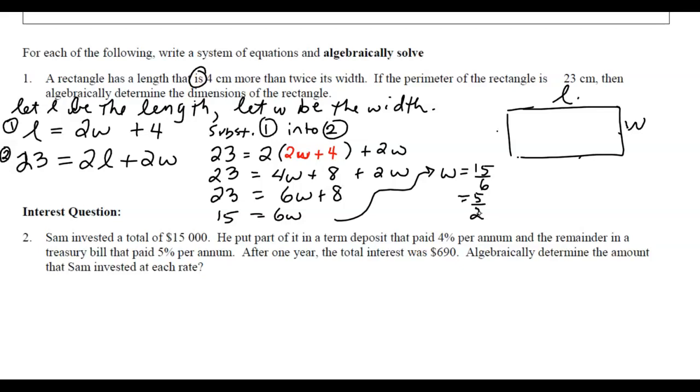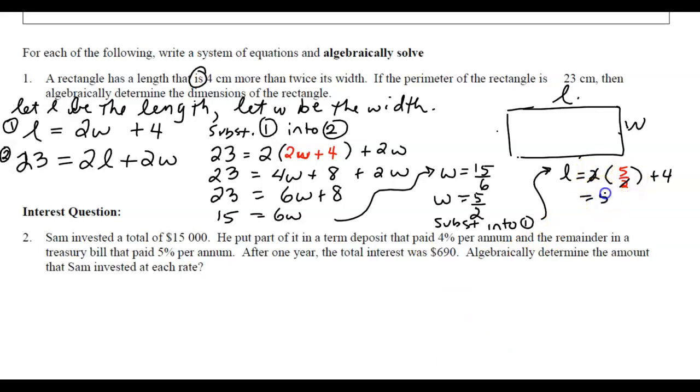Well, it's easy to take that and substitute back into equation 1. So length equals 2 times 5 over 2 plus 4. And the 2's divide out there, right?